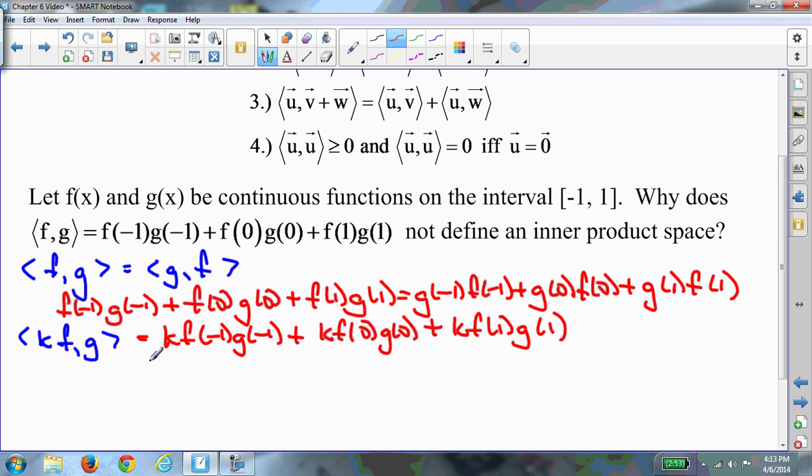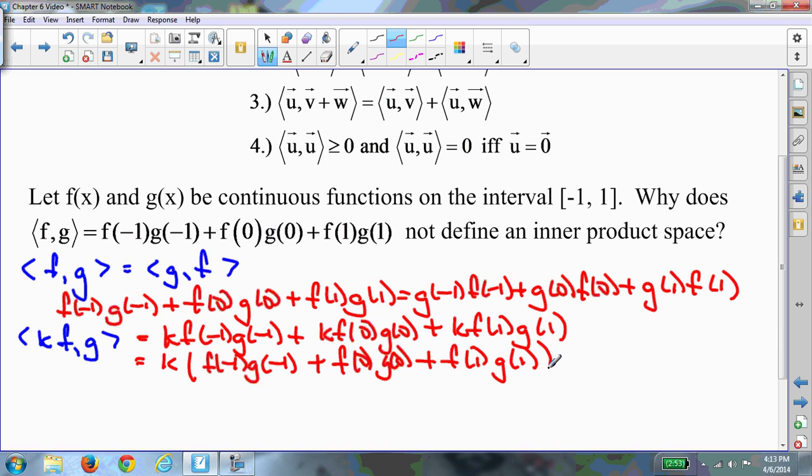But since k is just a scalar, I could factor it out of each of these terms, and I have k times [f(-1)g(-1) + f(0)g(0) + f(1)g(1)]. And this would equal k times the inner product of f and g. And you can imagine I could put the k in the other one, and this would also equal <f, kg>. So that property is satisfied.